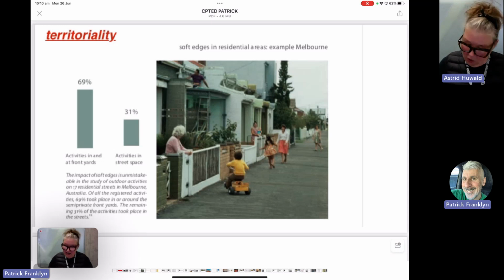So in your case, how do you build this sense of connection? It could be a different relationship with the backyards, but there are other attributes of public spaces as well.